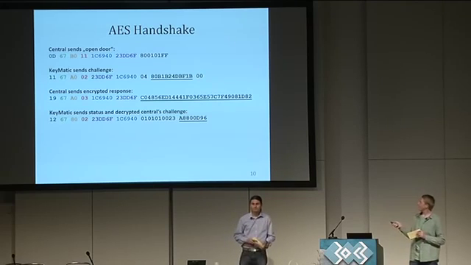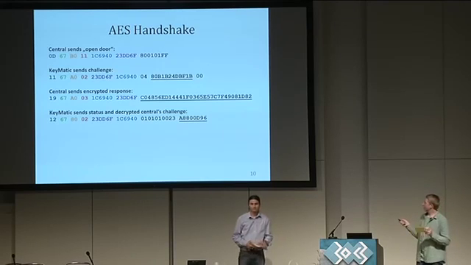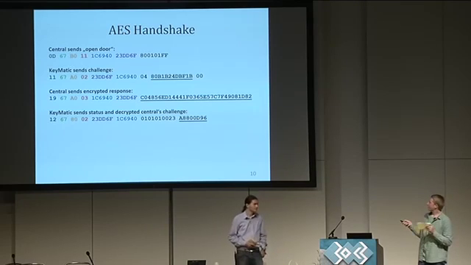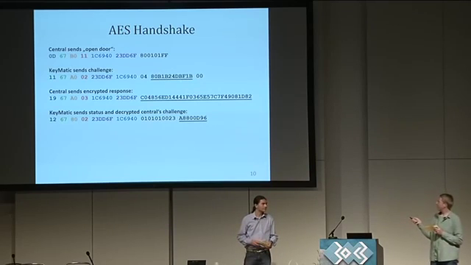For this authentication, an AES challenge response handshake is used, meaning, for example, the central sends the command open door to the KeyMatic. This is the command. Then the KeyMatic generates a random challenge, sends this challenge back to the central.